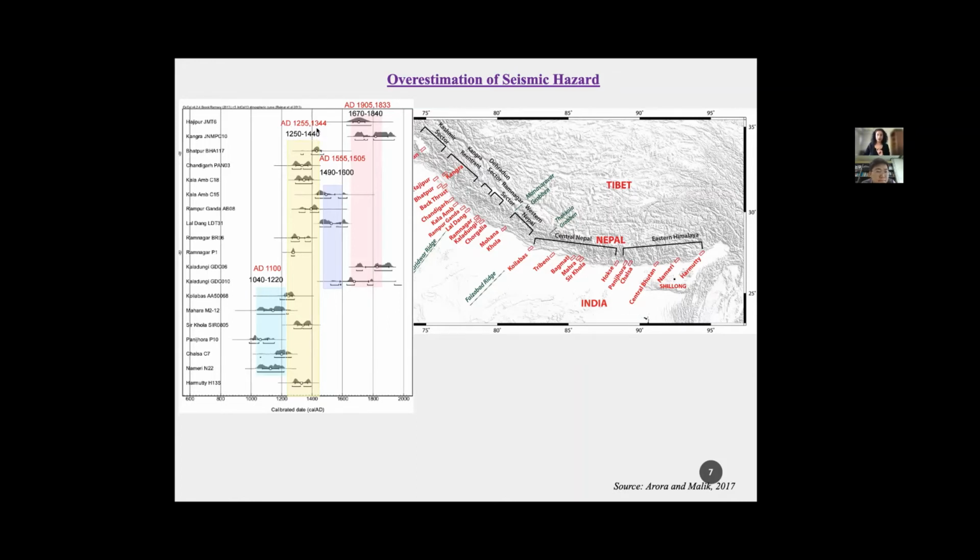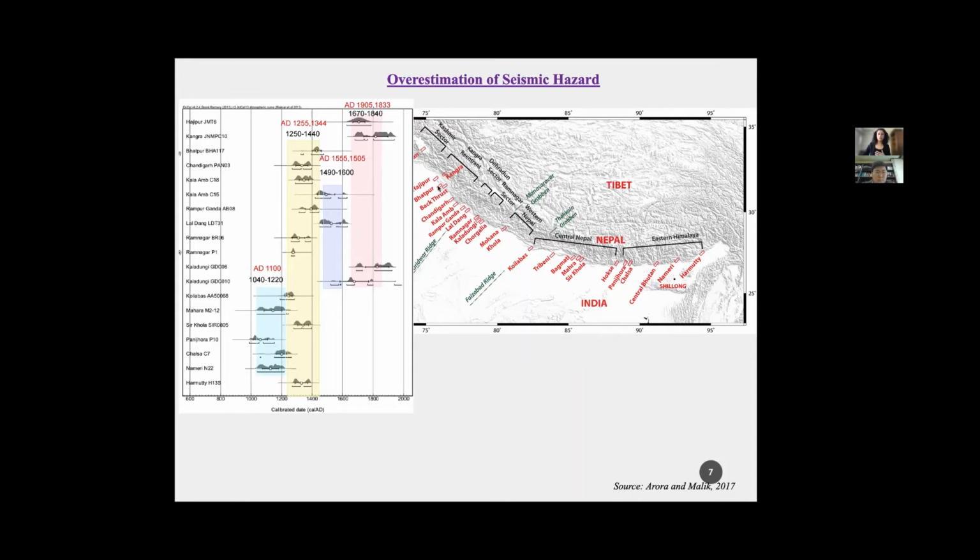And interestingly, in this, there are two historical earthquakes, 1255 AD and 1344 AD. But both of these earthquakes nucleated somewhere in central Nepal. So is it really possible for an earthquake to rupture whole of this central Himalaya and then northwest Himalaya to produce deformation in these trenches?